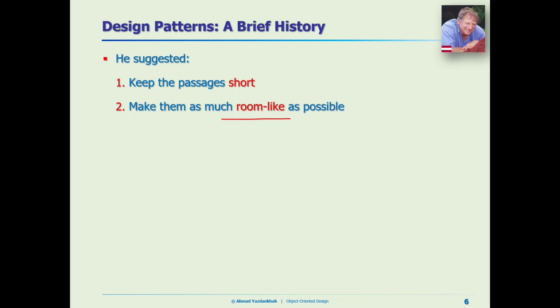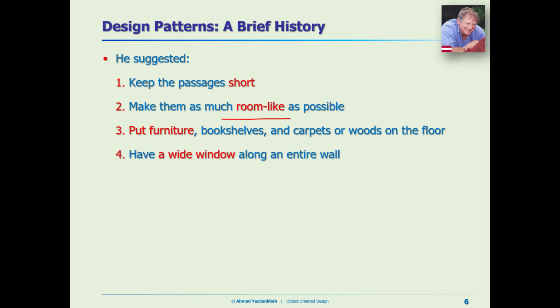Whatever we have in a room, because we usually feel comfortable in rooms, right? So let's make them room-like as much as possible. And if it is possible, put in some furniture, bookshelves, and the kind of things that we usually have in rooms. And also, he suggested that a wide window along one wall will make it a very comfortable corridor. All right. And also, he suggested plenty of sunlight.